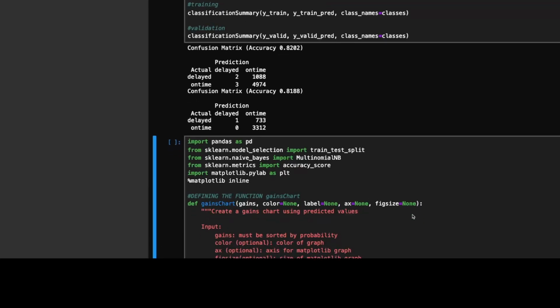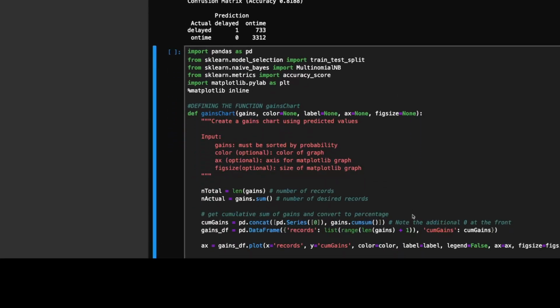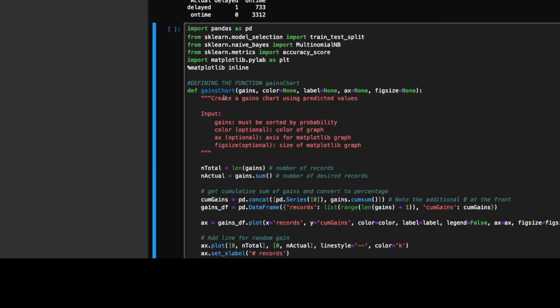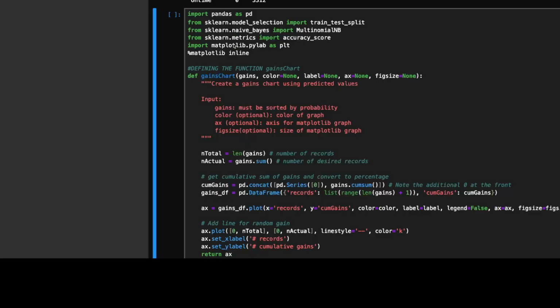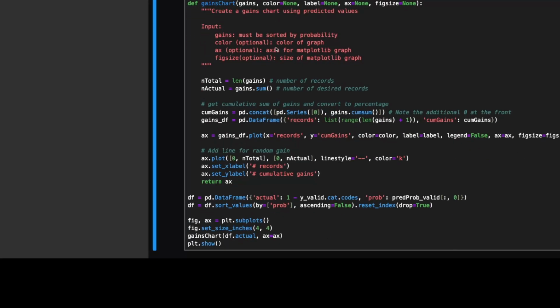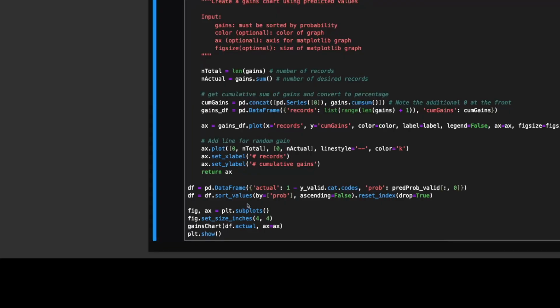So here is where we are going to go through that. We are going to define a function, gains chart, which will help us visualize it. We're importing all those modules and libraries that we need. And then this is where we will be bringing the gains chart up and showing the plot. So we create a data frame, a lot of which we have already seen before.